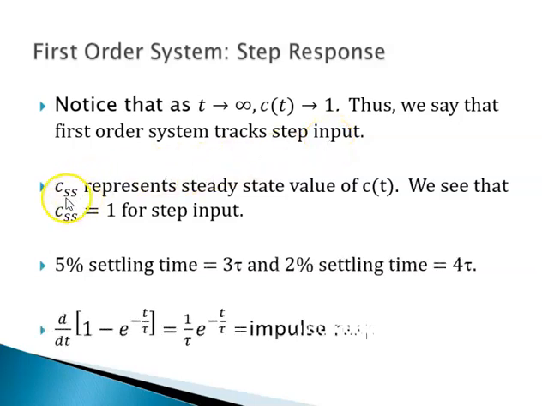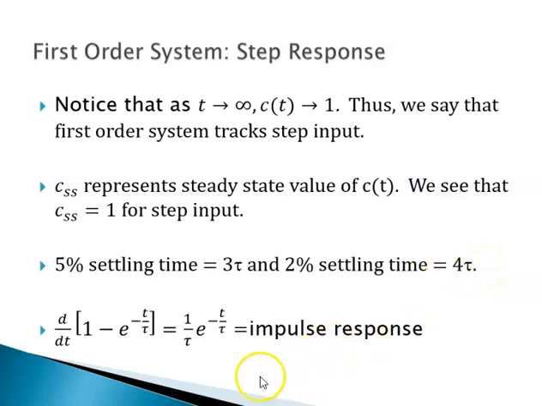We use the subscript ss to indicate the steady state value. Steady state value for the step input response of the system is 1. We noted that 5% settling time is 3 tau, 2% settling time is 4 tau.